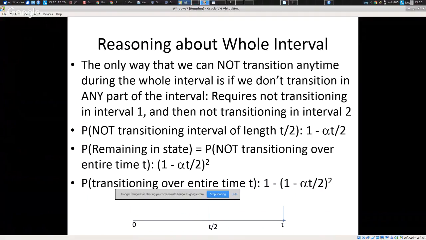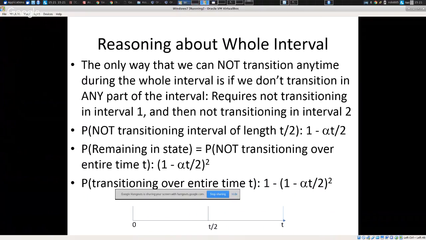Conditioned on me not having transitioned by time t over 2, my chance of not transitioning between t over 2 and t is also 1 minus alpha t over 2. It's the chance I won't transition, that I remain in my state. The chance that I do transition during time t over 2 is alpha times t over 2, right? So the chance that I won't is 1 minus that. So up here, I have to not transition the first.